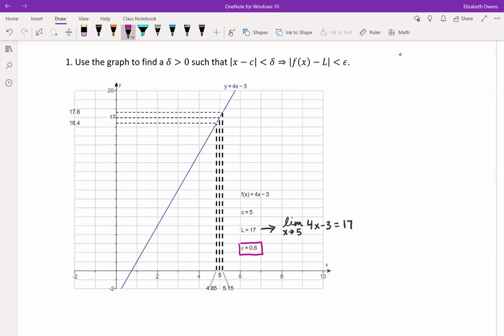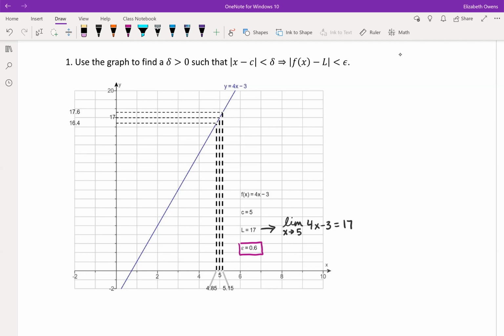And we're going to be within that distance of the limit, 17, as long as x is within some interval along the x-axis, within that distance of c, which equals 5.